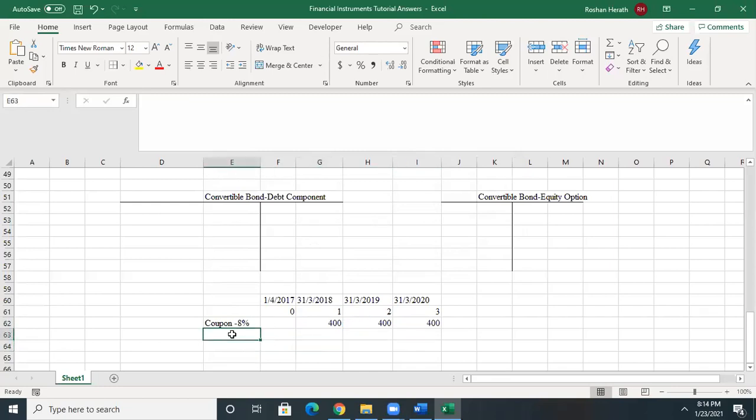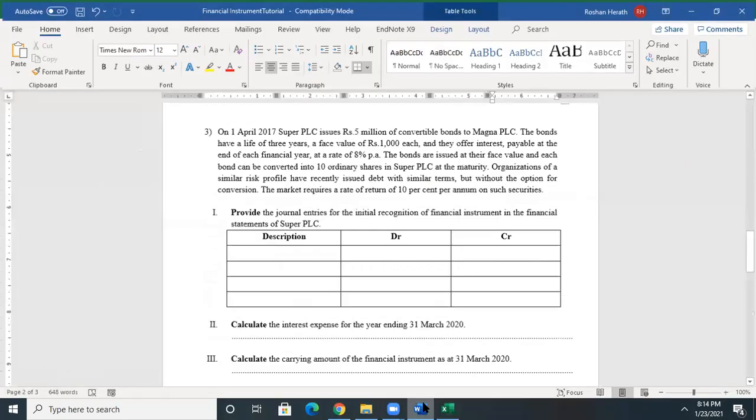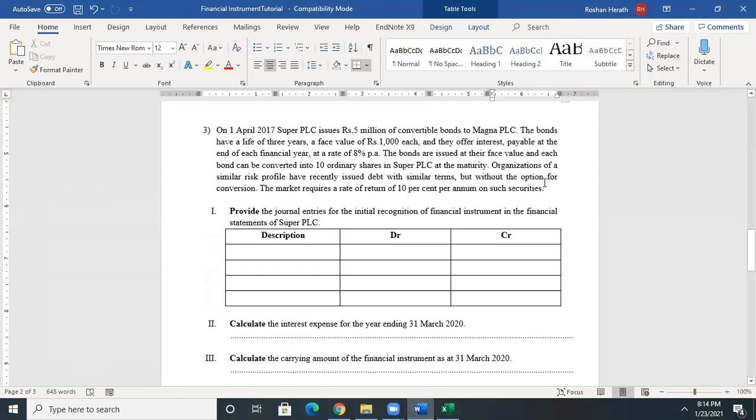Then at maturity, what do you have to do? The principal at maturity. If the investor requests, you have to pay the value of the bond. So you are going to redeem them at par value.